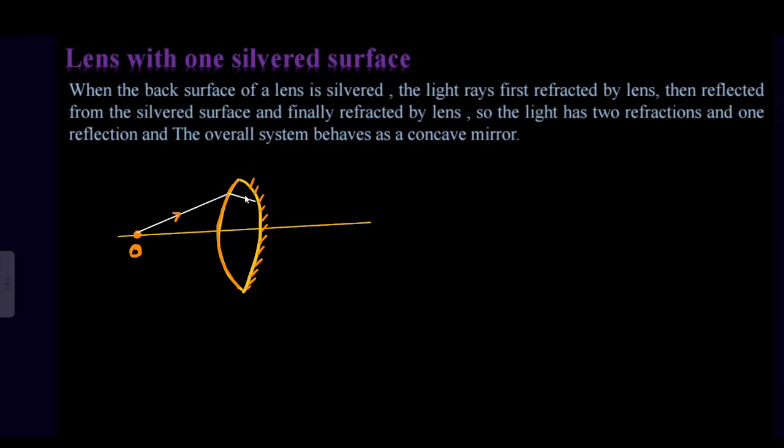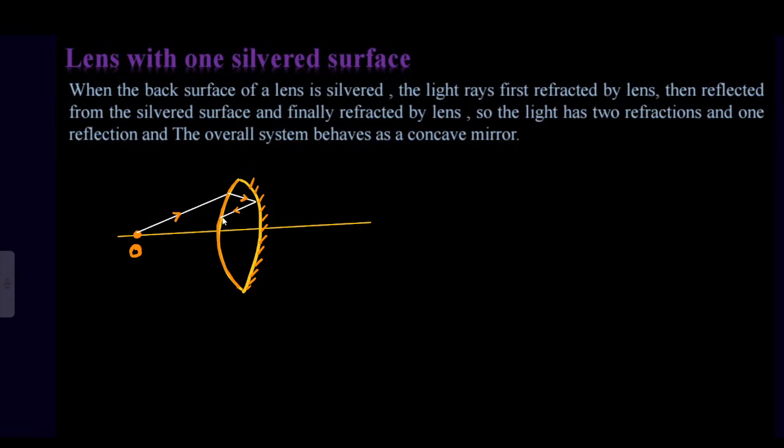It will be incident on this surface, and this second layer will behave like a mirror now. Then the light ray will get reflected by this side like this.